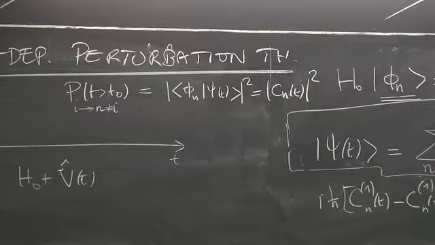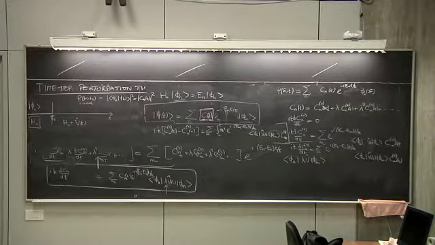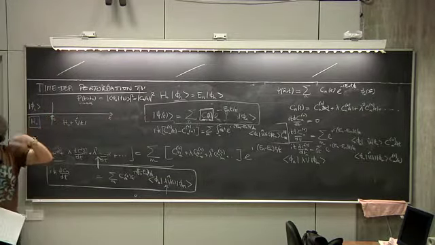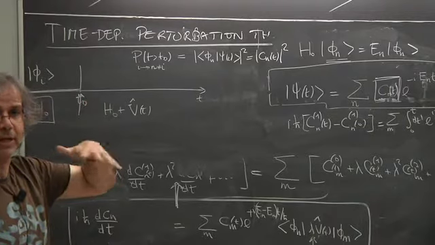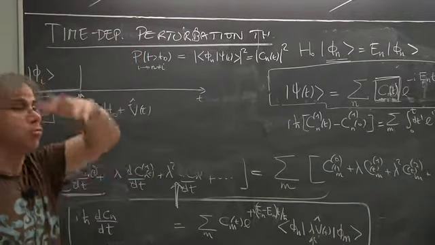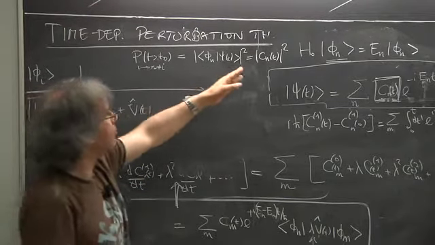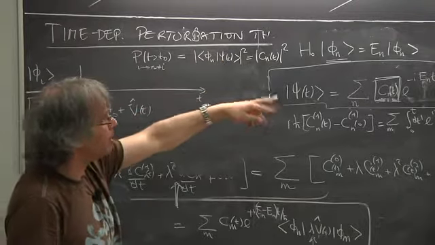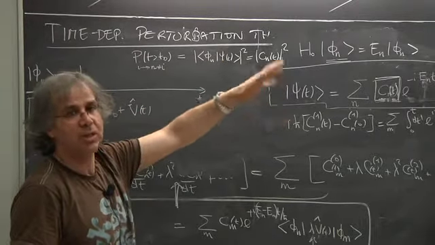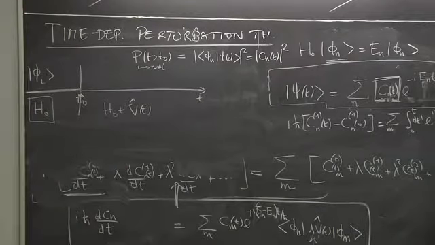I am analyzing everything in terms of H0. So for instance, if this was a hydrogen atom, and I turn on some electric field or some potential, I could ask, what is the probability that I have excited the system to such and such level? So the answer would be: calculate this appropriate Cn of t as a function of t and square it. So this is the physical meaning.